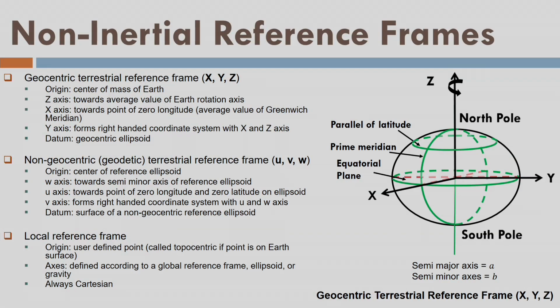Let us see, this is my geocentric ellipsoid, this is my equatorial plane, there the rotation axis, that is the north pole, south pole, and this is the direction of rotation of the earth. The semi-minor axis and semi-major axes are shown.